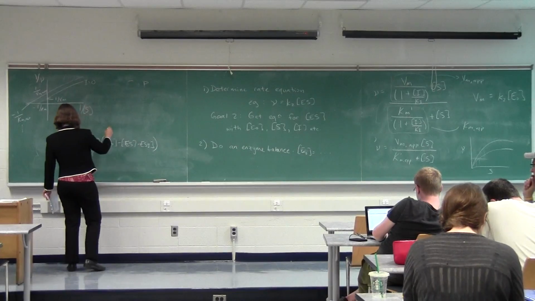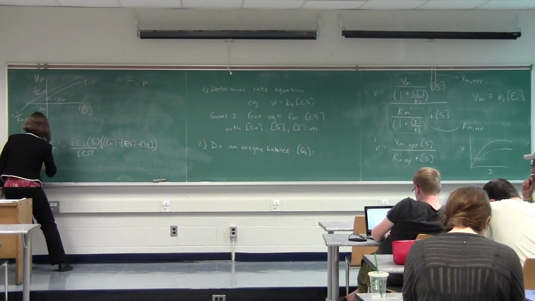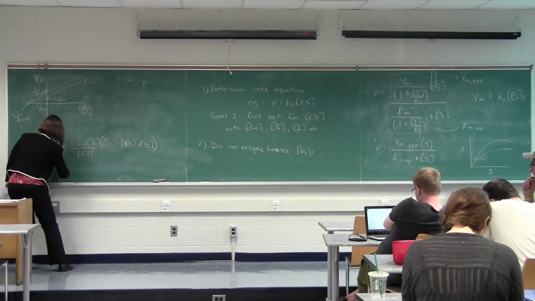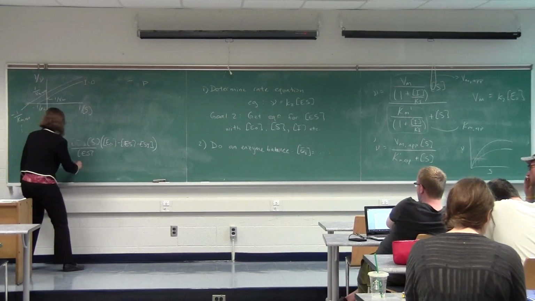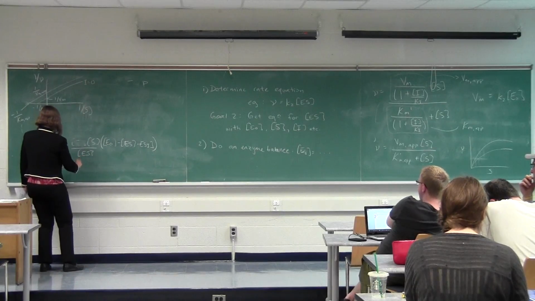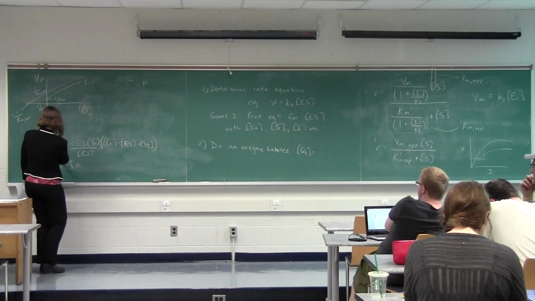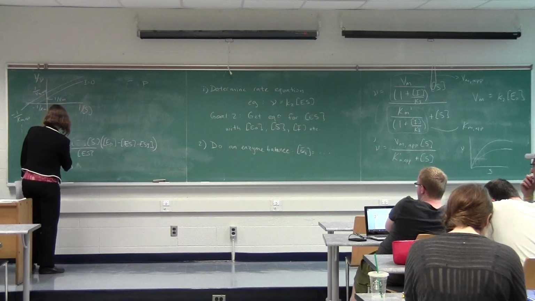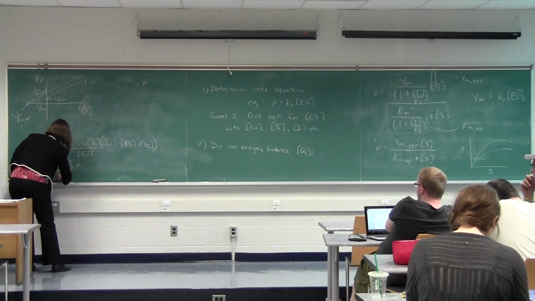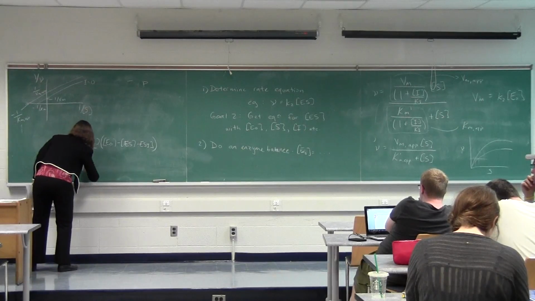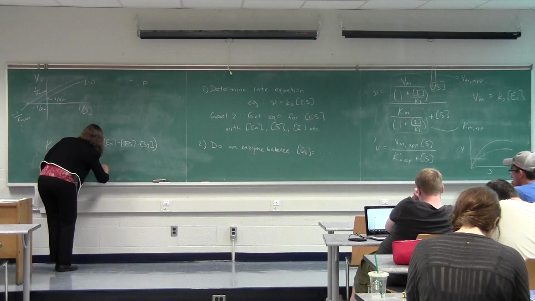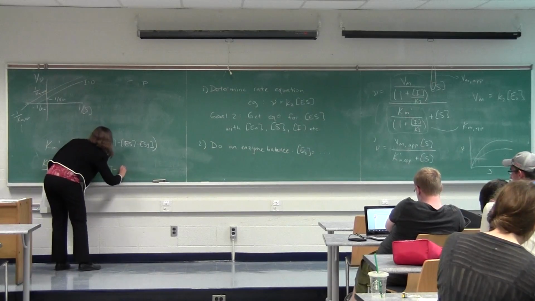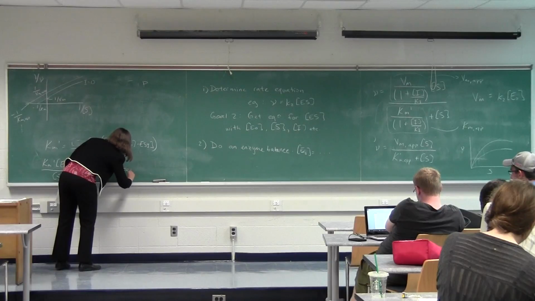So what you'd then do is you'd say Km prime ES, on that, equals, sorry, Km prime S divided by S equals E naught minus ES minus ESI.